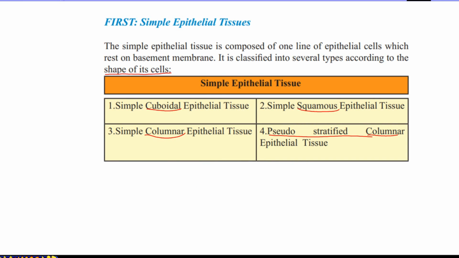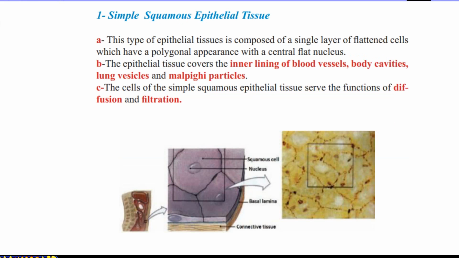Simple epithelial tissue is composed of one line of epithelial cells which rest on a basement membrane, and is classified into four different types according to the shape of the cell.